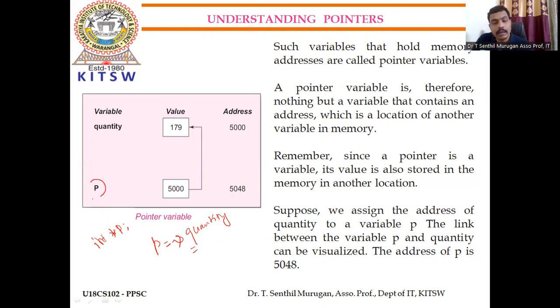The pointer p has the address of quantity. What is the address of quantity? 5000. This is also stored in some other location which has another address. This location has 5048, and the quantity's address is 5000. But what happened? This address is stored in the pointer variable. That is the use of pointer. Got it?